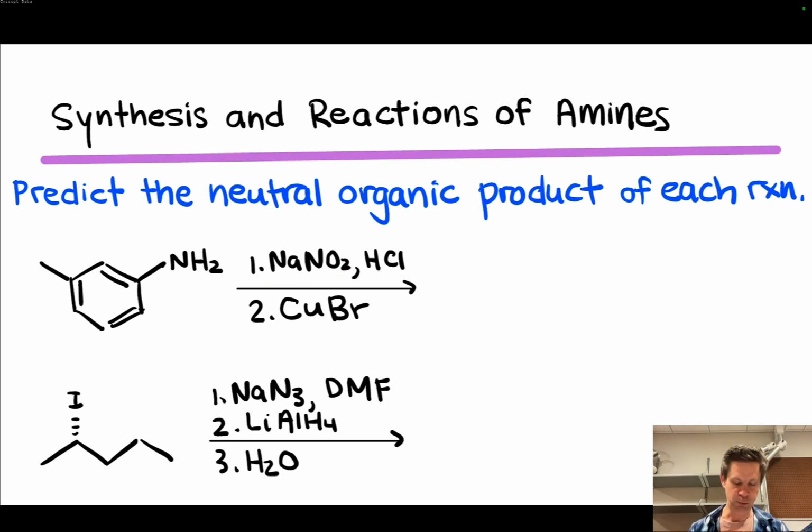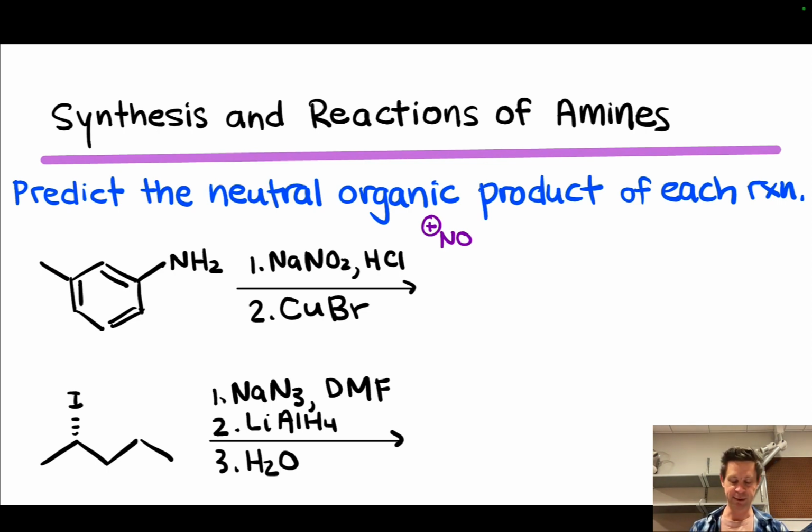Now, NaNO2 and HCl combine to form nitrous acid, HONO, and under these reaction conditions, that HONO can get protonated and lose water to form the NO+ cation, which is known as the nitrosonium cation. And this is a fantastic electrophile that can engage with the nucleophilic amino nitrogen in primary and secondary amines.